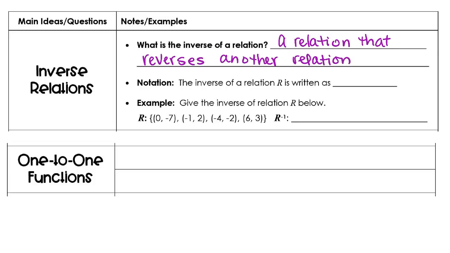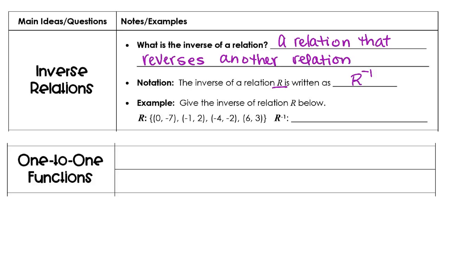So that's the whole idea of an inverse. And the notation for inverse relation is going to be r to the negative 1. Now this is not going to imply 1 over r. It's just going to be the notation for the inverse relation.